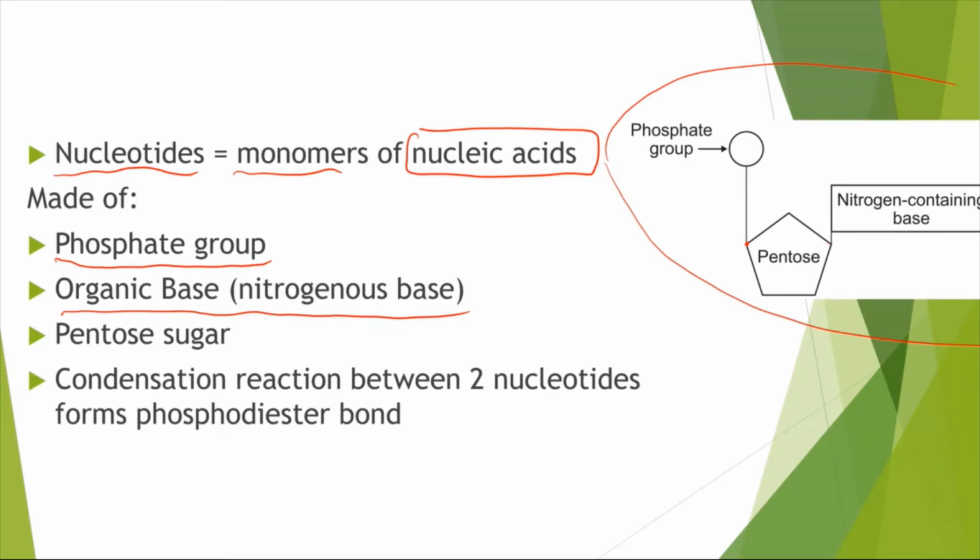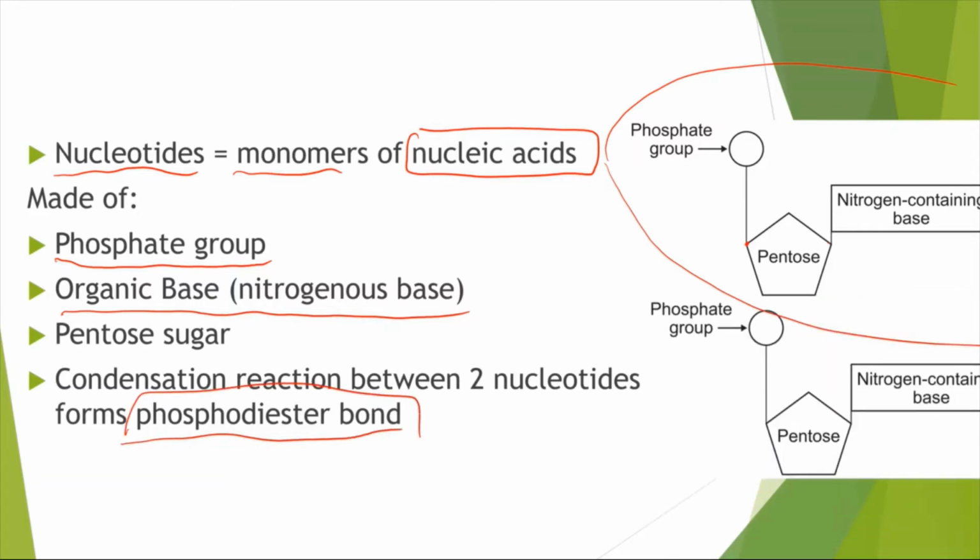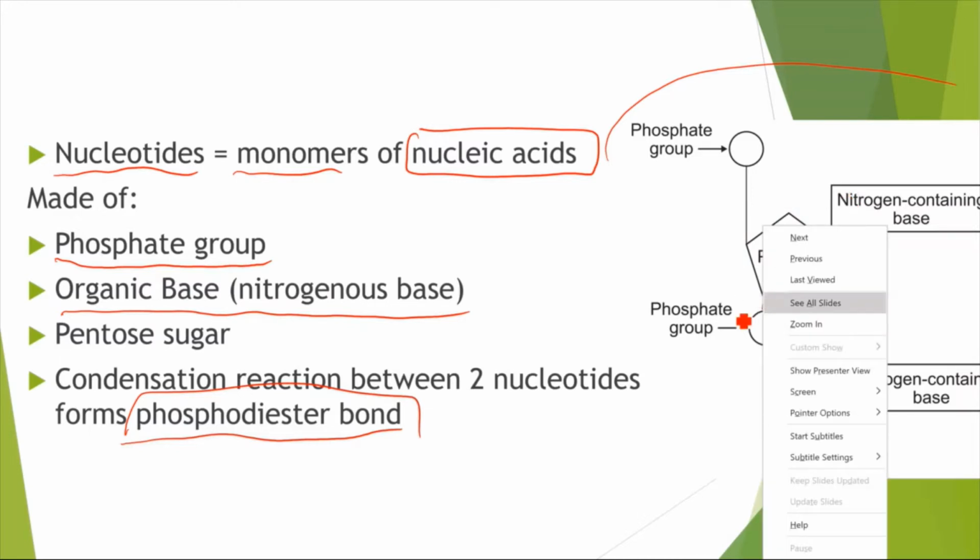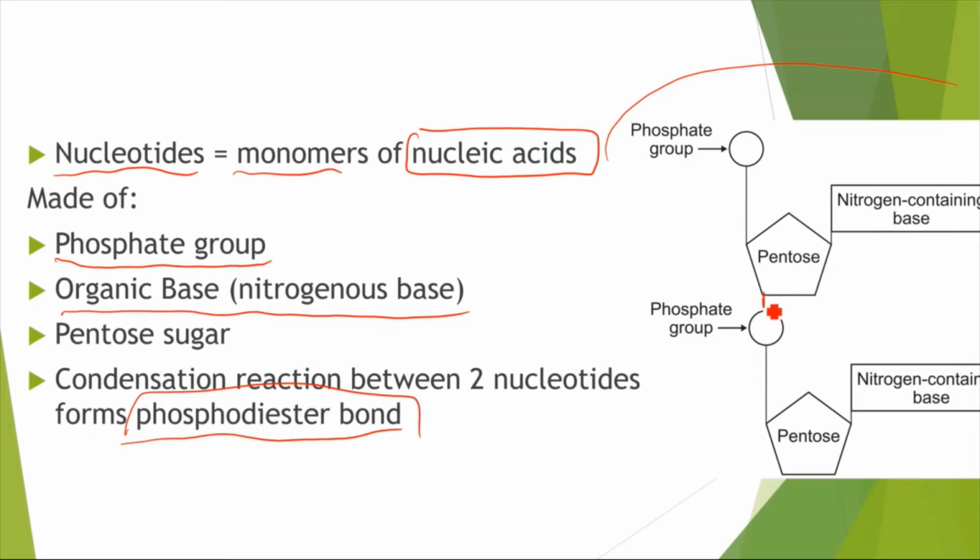Next, a condensation reaction between two nucleotides forms a phosphodiester bond. For example, if we bring along another nucleotide, the phosphate group of this nucleotide would attach with the pentose sugar on the other nucleotide, and we would form a phosphodiester bond.